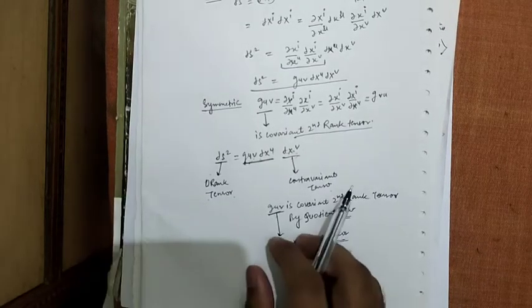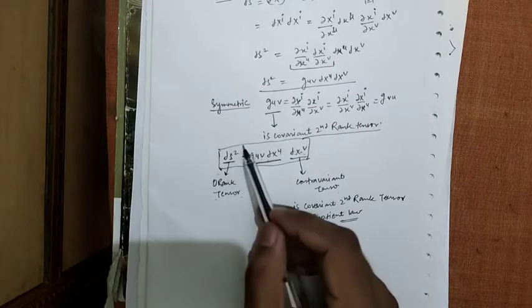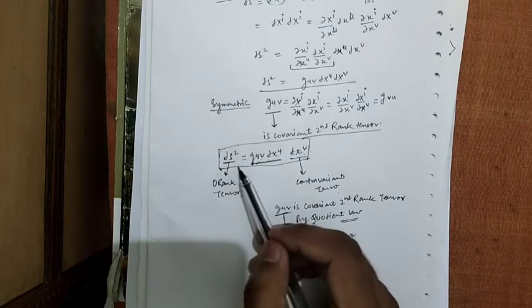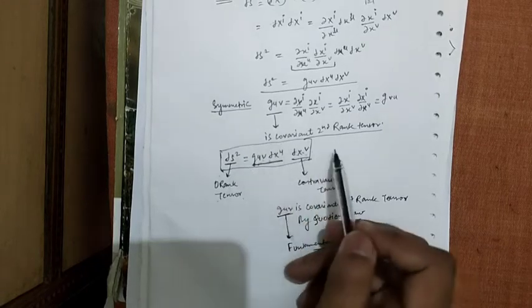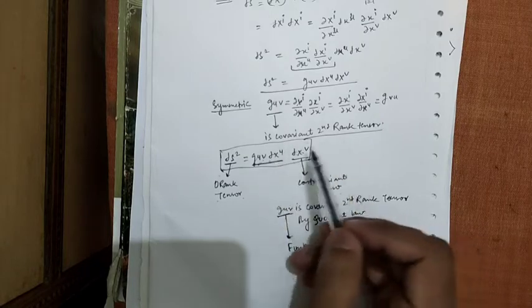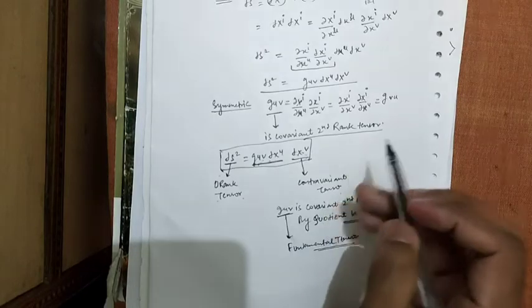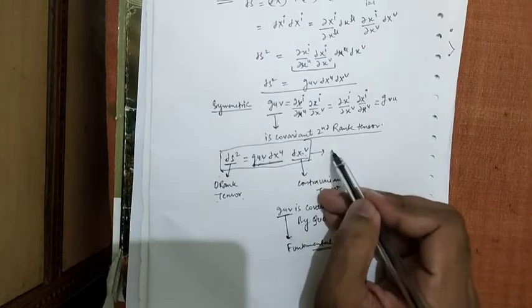The expression is the square of an infinitesimal distance, a homogeneous quadratic function of these differentials. This is called the metric of the space, or we can also say a metric space.